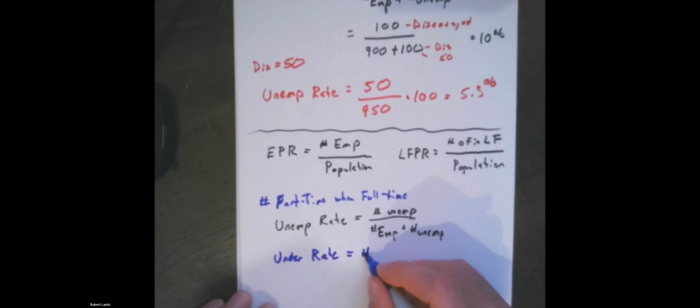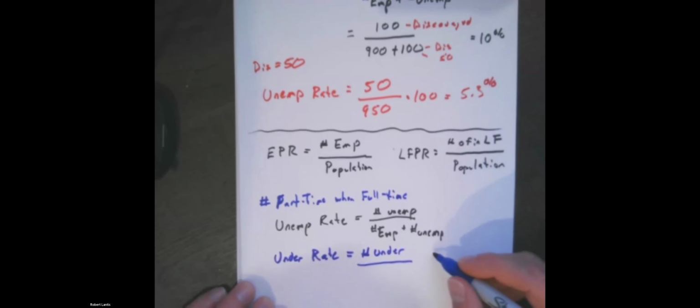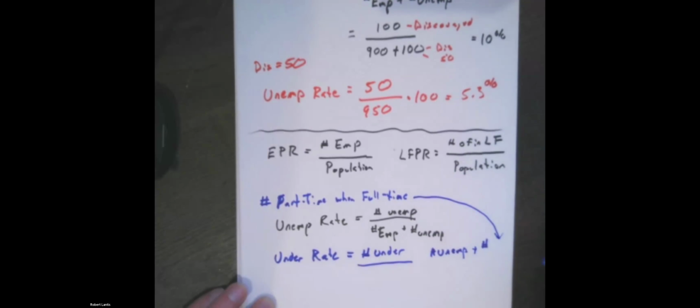remember that was the number of people who are underemployed divided by that labor force. But here in that numerator, these people who are underemployed were still here. So my denominator doesn't change, but the number of people who are underemployed is now going to be the number of people who are unemployed plus the number of people who are taking part-time work when they wanted full-time work.